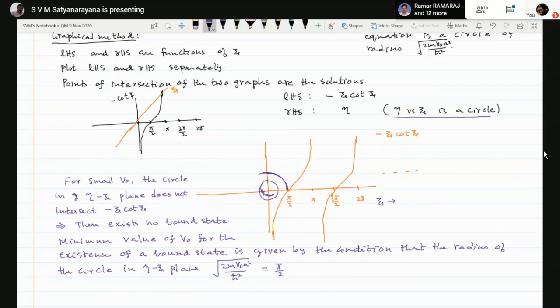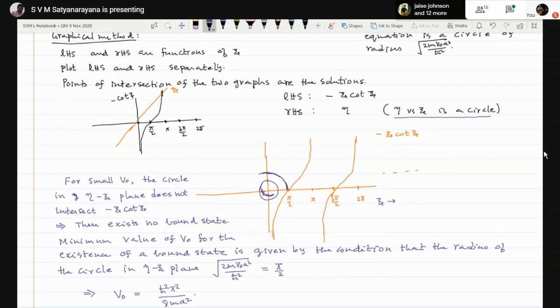That means your V naught, squaring on both sides, should be equal to h bar square pi square divided by 8m.